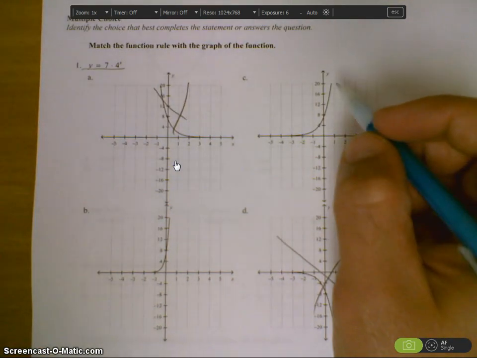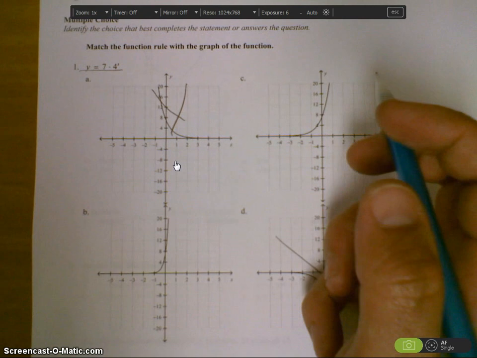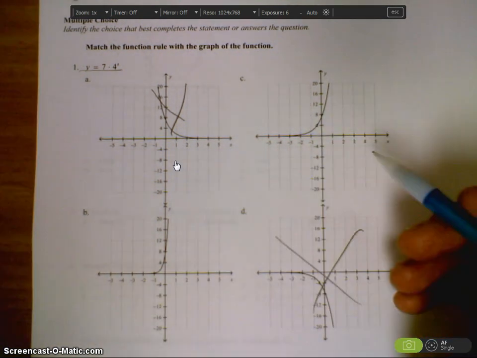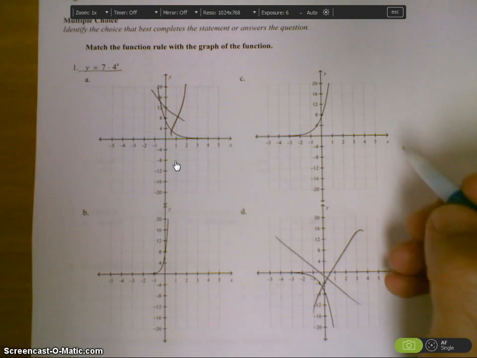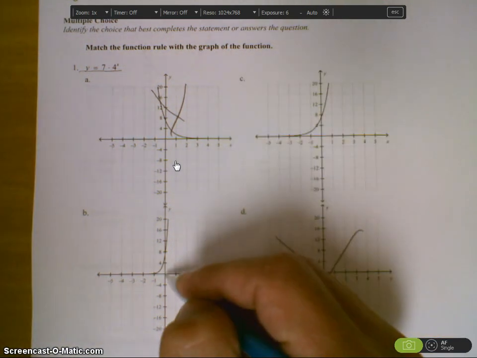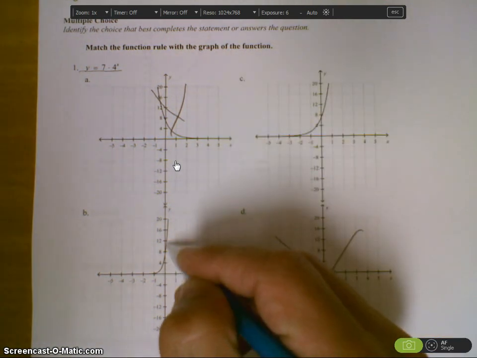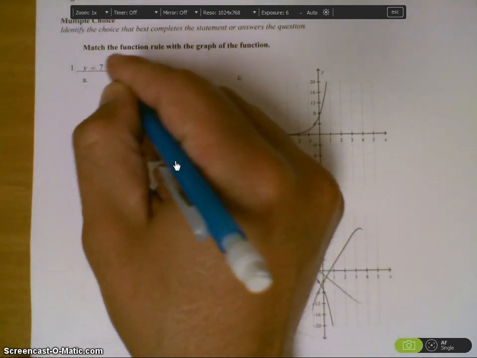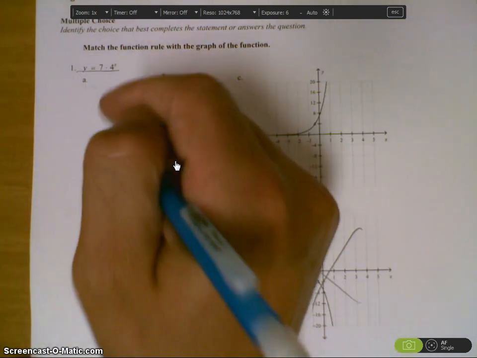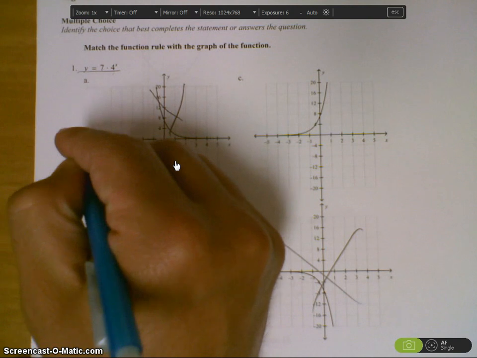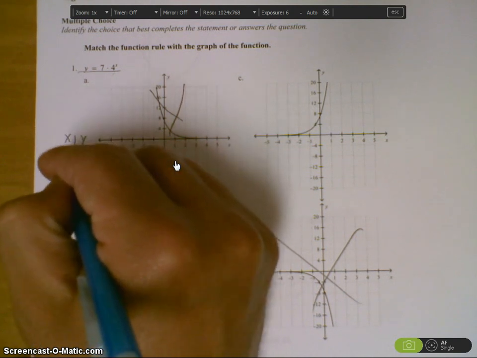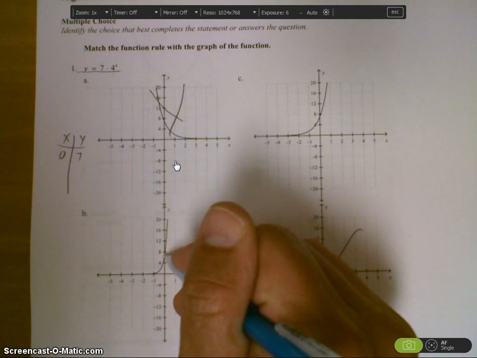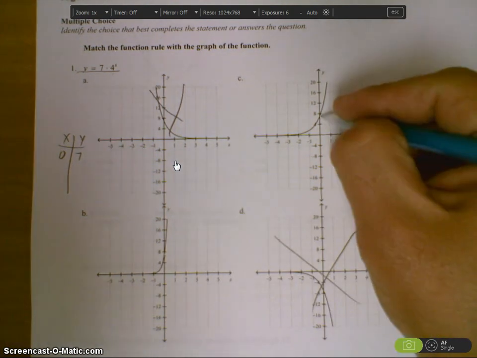A couple other things we might look at, because B and C look very similar. First, where is this when x is 0? Anything to the 0 power is 1, so when x is 0, that's 7 times 1, which is 7. So this probably crosses at 7, and so does that.